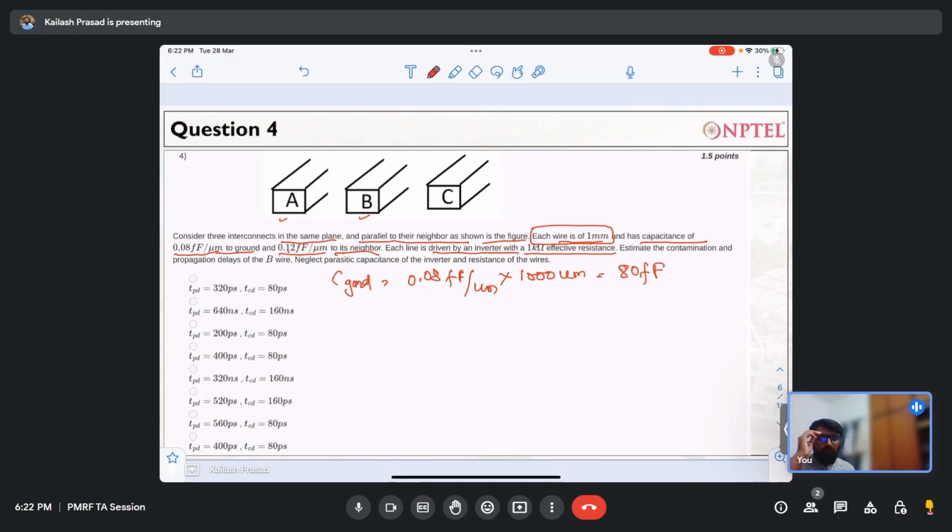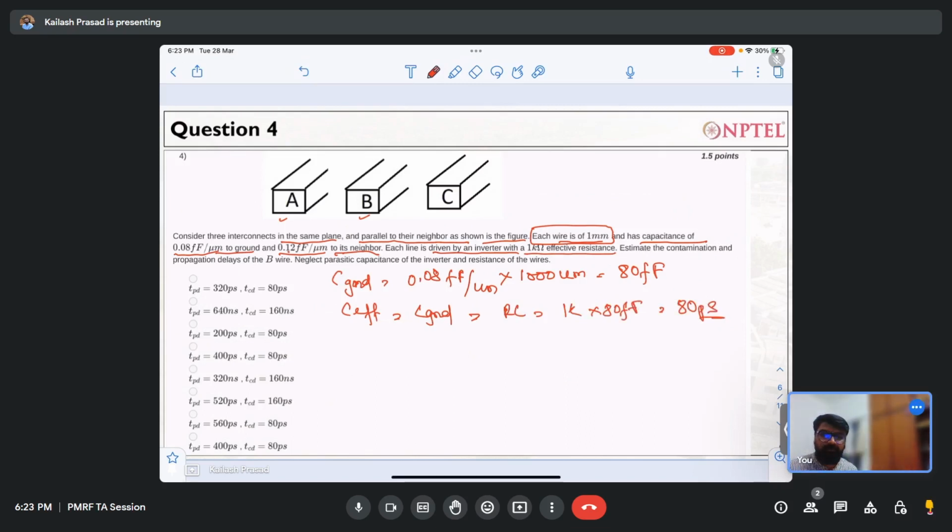Okay, now when you are talking about the best case, we assume that all these three are switching in the same direction. Okay, when all of these three are switching in the same direction, what will happen? The C effective will be nothing but C ground itself. Okay, so this will be R multiplied by C. R is 1K multiplied by 80 femtofarad. Okay, this will be 80 picosecond.